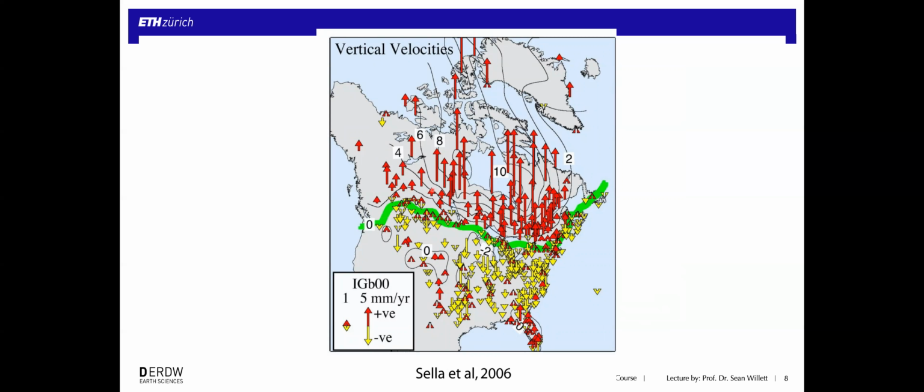The northern part of North America, so pretty much all of Canada and parts of the northern United States, is all rebounding. We're seeing, again, very high rates of uplift in this region. Southern North America, this region here at the yellow arrows, is all subsiding. It's all going down today. Why is that?